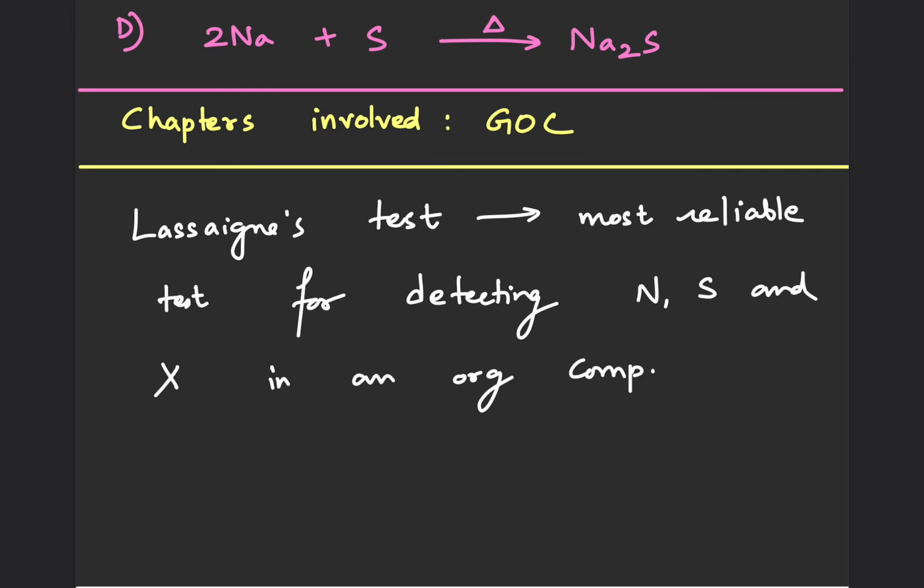Okay, so the elements like nitrogen, sulfur, and halogens in the organic compound are converted from the covalent form into ionic form by fusing the compound with sodium metal.